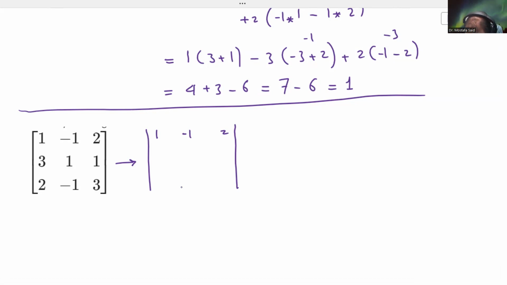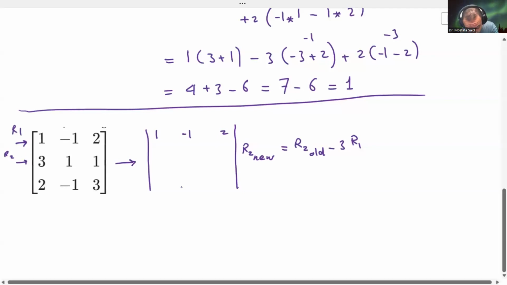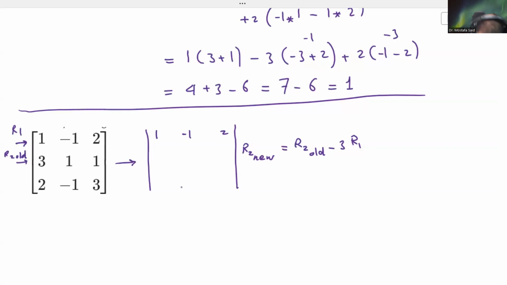So basically, the equation that we're going to have here is R2 new equals R2 old minus 3 R1. So this is R1, row 1, and this is R2 old, which is now going to be replaced by R2 new. I like to do that very detailed so you can follow.